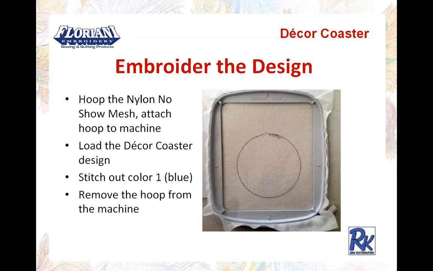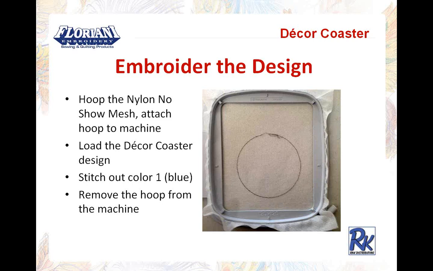To start with, we're going to hoop up our nylon no-show mesh, make sure it's nice and tight, attach the hoop to the machine, load the Decor Coaster design into the machine, and stitch out the first color. Again, that's going to be blue in the design, but doesn't really matter what color you use in the machine. If it was me, I'd be using the same color I'm going to use to match my fabric for everything.